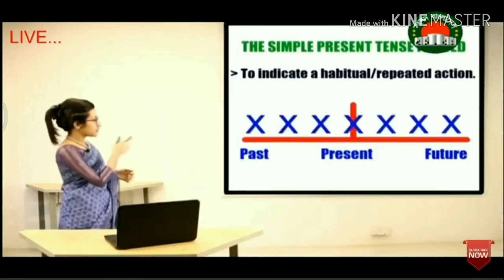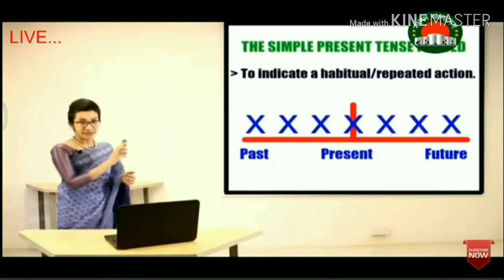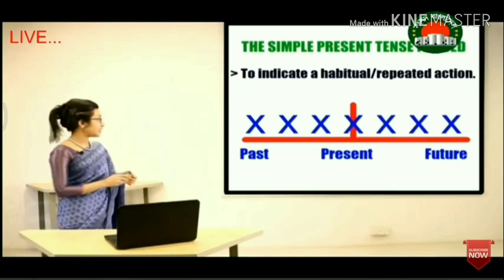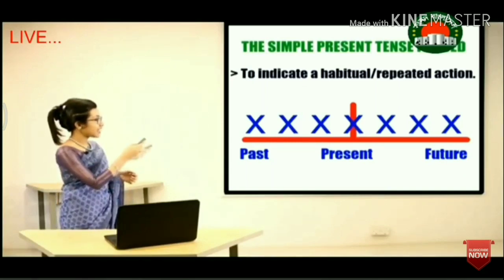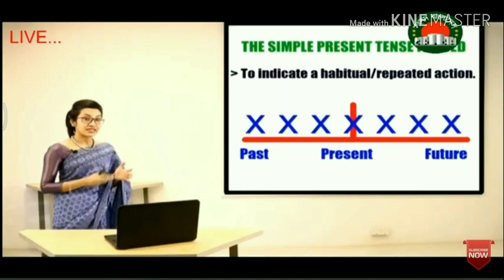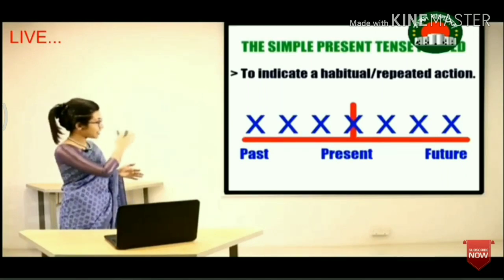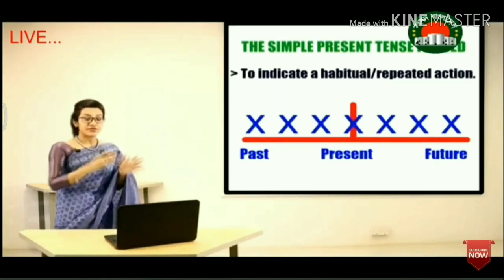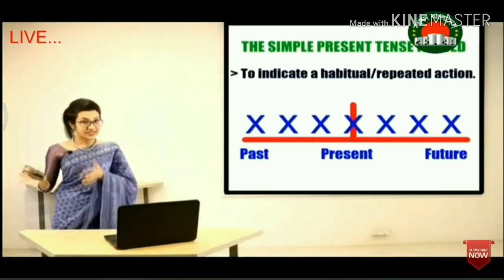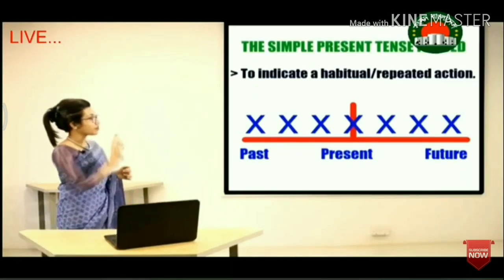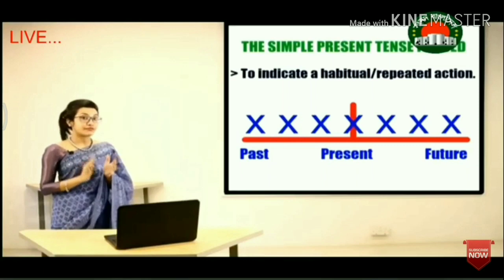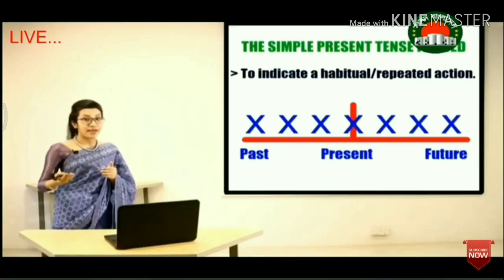As you can see in this picture, there is a line, and the line has been labeled as past, present, and future. That means the line shown here is referring to three different tenses. And there are some crosses given here. The crosses are referring to the events that are happening.